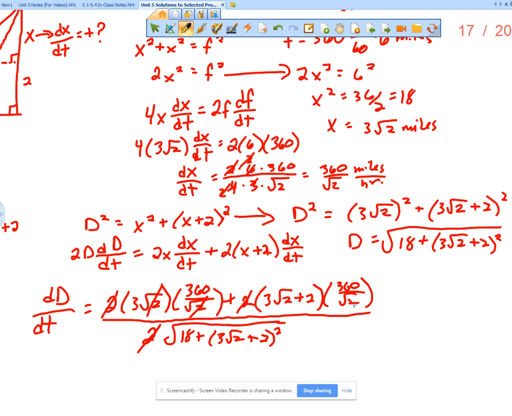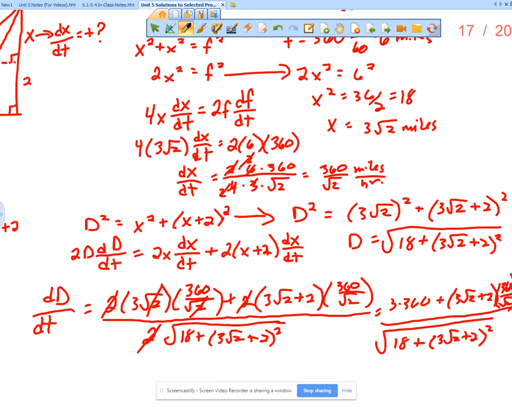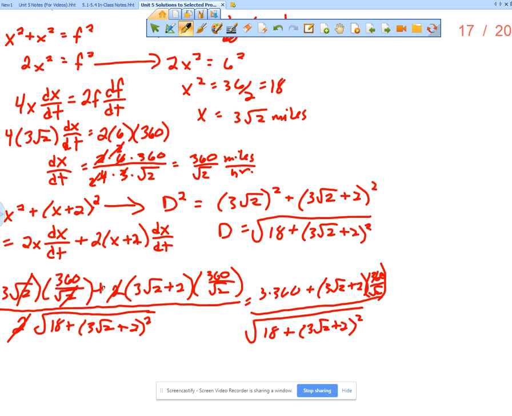All right, and so then, of course, you could do this kind of calculation here. 3 times 360 plus 3 root 2 plus 2 times 360 over root 2, and then divided by that denominator, square root of 18 plus the quantity 3 root 2 plus 2 quantity squared, right? So that is the calculated value for dd/dt. And what would the units be? Well, it's the rate at which the distance is changing. So this would be in miles per hour.